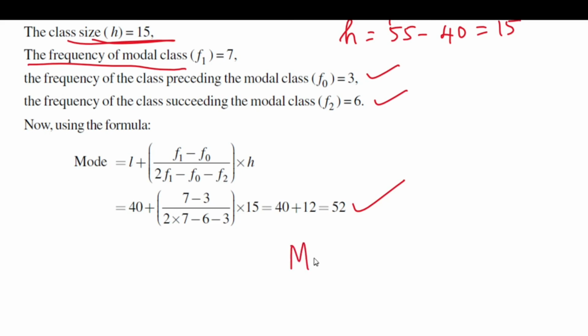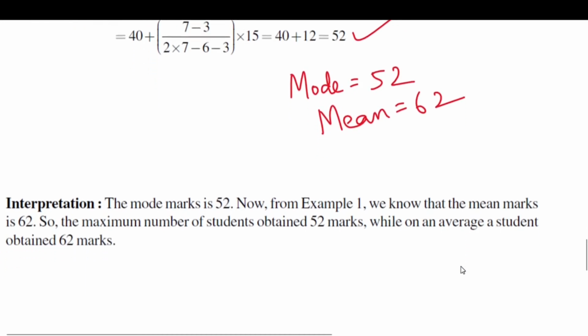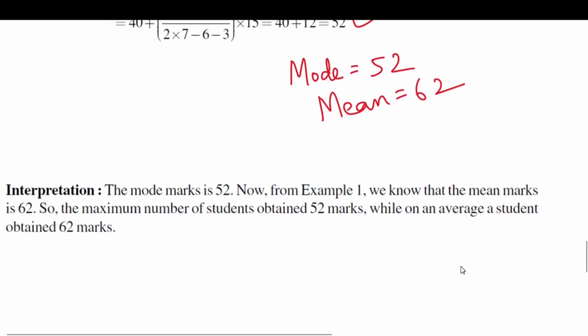We obtained mode as 52 and mean as 62. What do you mean by mode and what do you mean by mean? The modal marks is 52 and the mean marks is 62. From mode, what do we say?